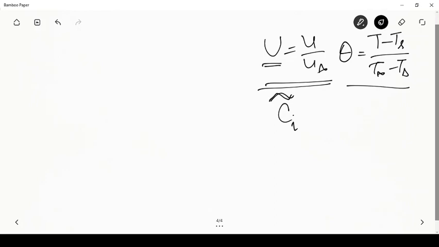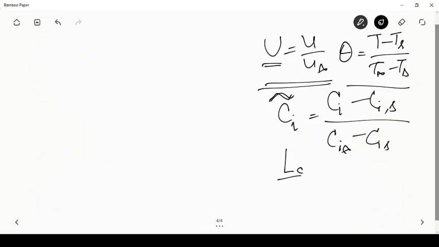The Ci tilde is equal to, in the same way, Ci, which is the concentration of species i, minus Cis, divided by Ci infinity minus Cis. This is the definition of the non-dimensional concentration.